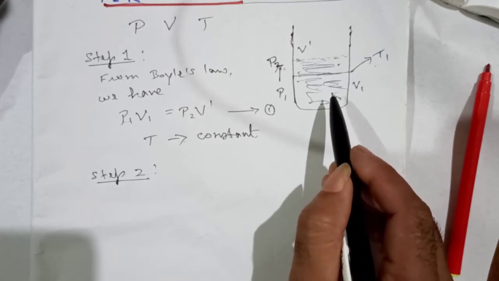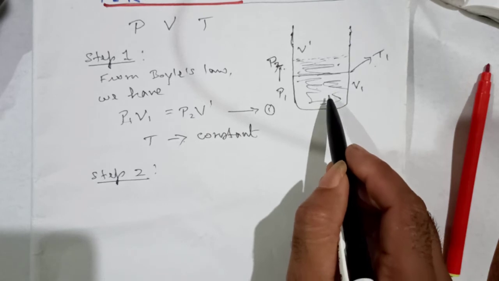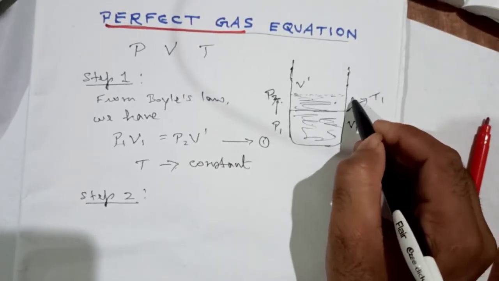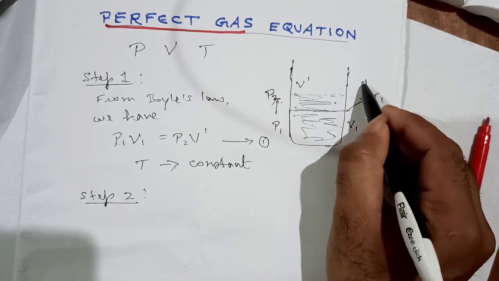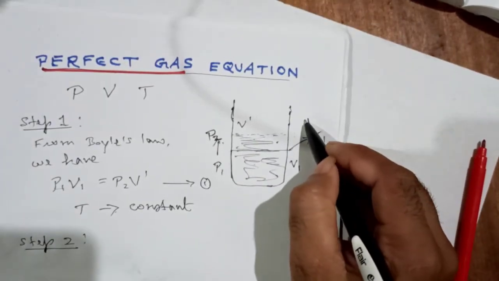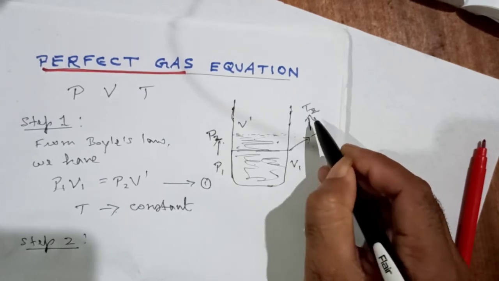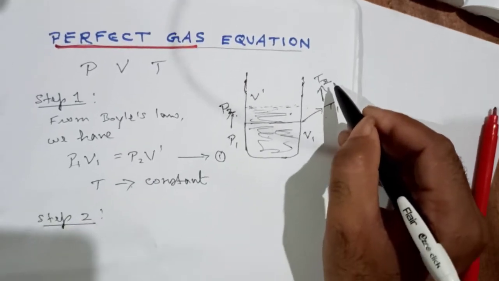So the pressure P2 is kept constant, and the temperature of the gas is changed from T1 to T2.